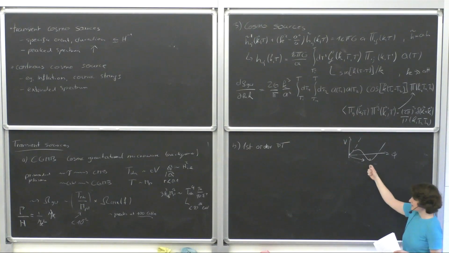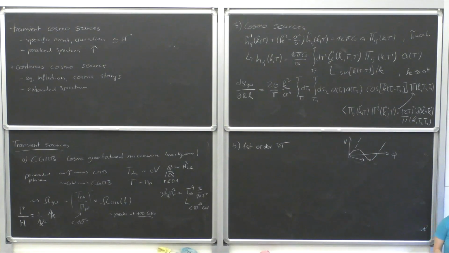Why do I want something like this? I want something like this because I'm looking for something anisotropic. That was another good question: why am I writing pi and not pi ij and not T ij in the source? In principle, yes, this was the energy momentum tensor, but at the end of the day I'm going to be projecting into TT gauge. So the thing that matters is the tensor part of the energy momentum tensor, which will be the thing sourcing the gravitational waves.